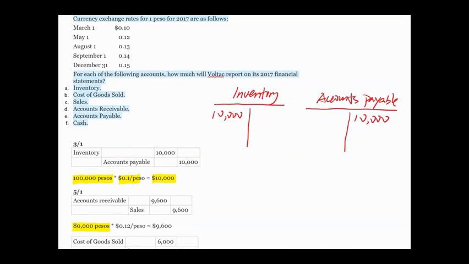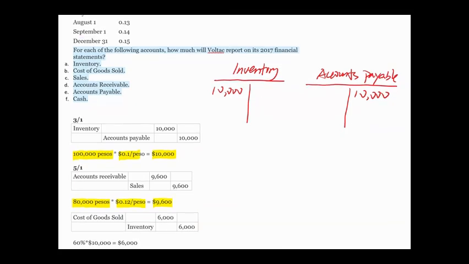On May the 1st, the exchange rate is 1 peso for 12 cents. So it's increased, and in total that was 9,600 US dollars. That's the amount we use for the journal entry. We debit accounts receivable 9,600 and credit sales 9,600.